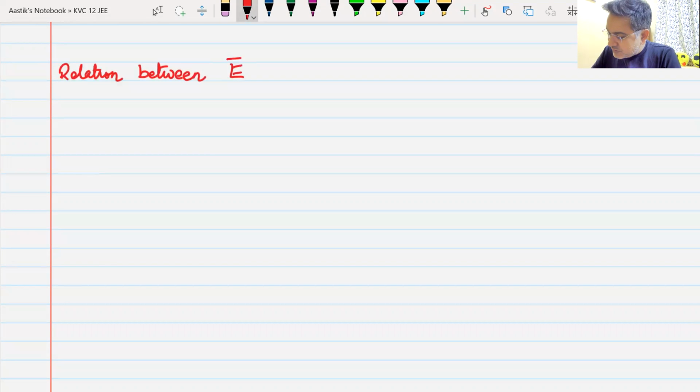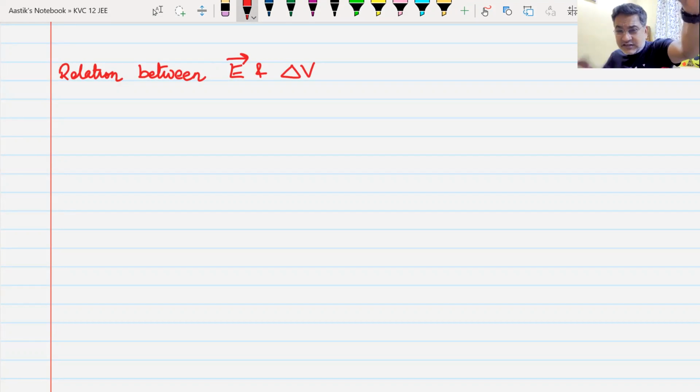Relation between E and delta V. Now, the first and the most important thing to understand here is one is a vector quantity and the other is a scalar quantity. How can a vector relate with scalar?